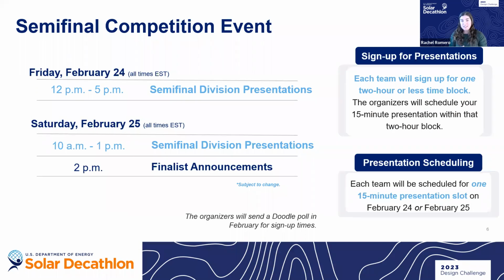To participate in this, each team will need to sign up for one 2-hour time block or less. So it may be a 90-minute time block that you sign up for, but you will get a 15-minute presentation slot within that time block.